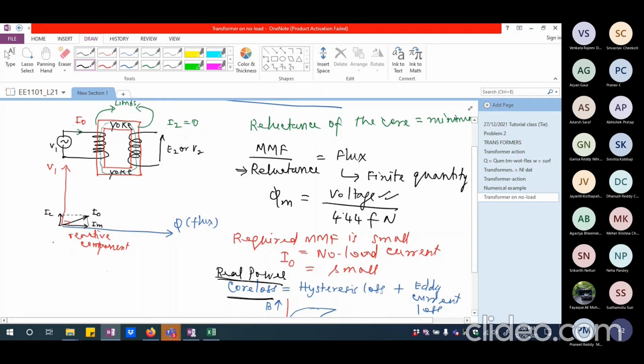These two currents put together vectorially, when I add them, give me the total no load current.